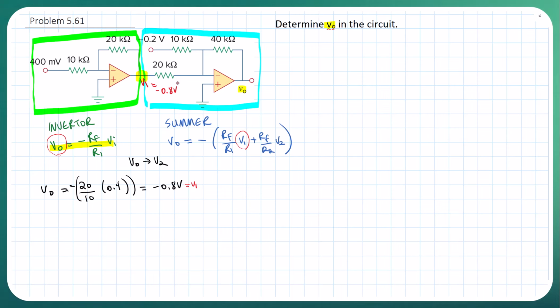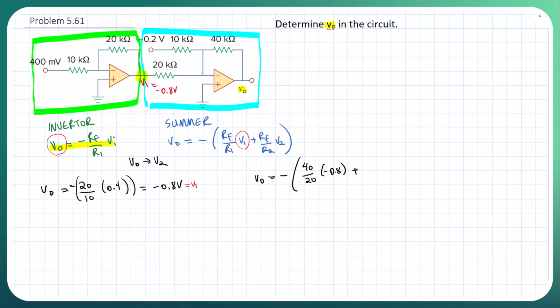So now we know what V1 is going to be going into the second stage. Now we're going to use the second equation for our summer. V out is equal to minus our feedback resistance here, which is 40, so 40 over our R1, and our R1 we're going to say is 20, times V1, which we solved for right now as minus 0.8.